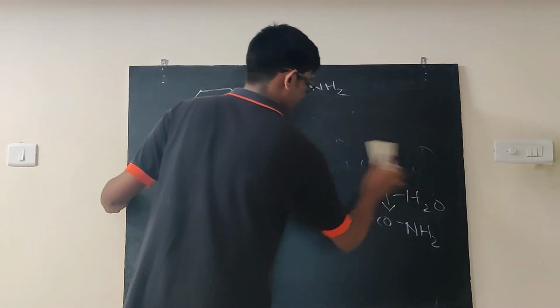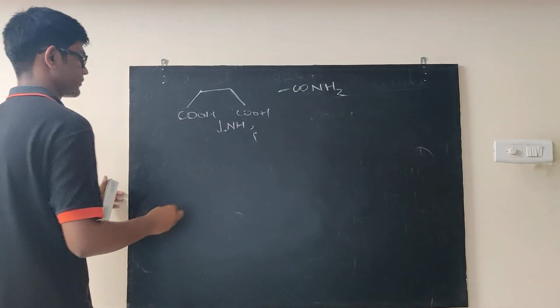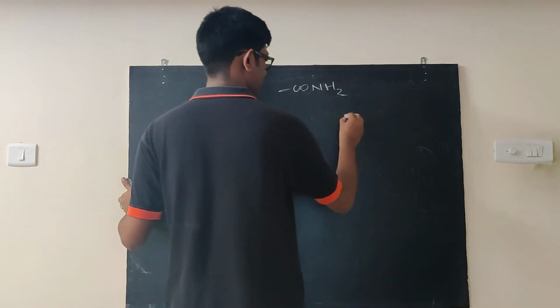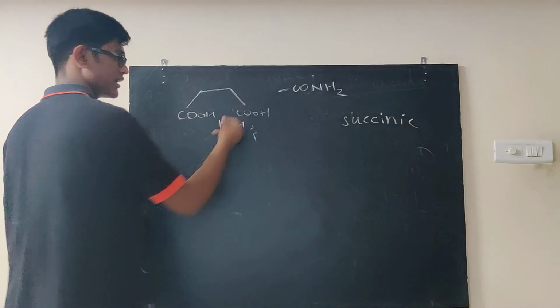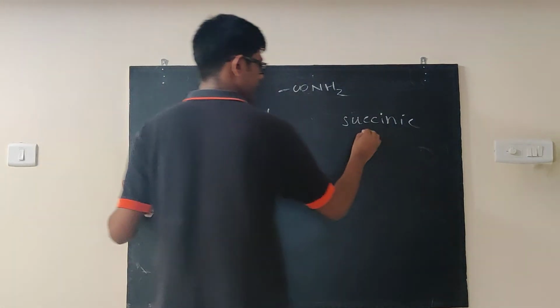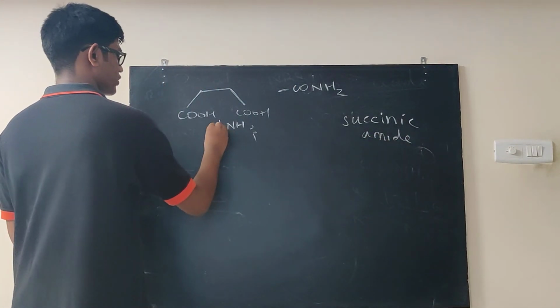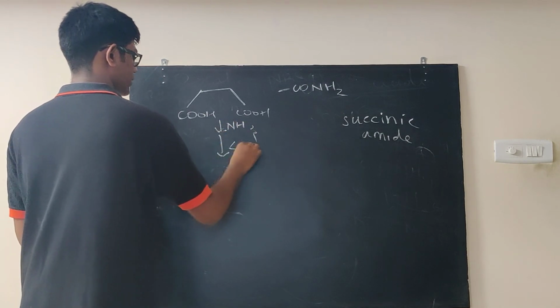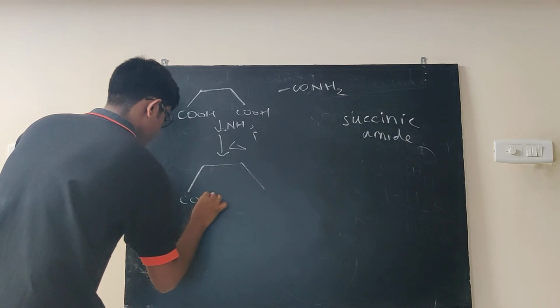So let's actually try to prepare N-bromosuccinamide. So first, you saw the succinic first, right? And you knew it was some derivative of succinic acid. Then you saw the amide part. So you said take succinic acid and amide it. How do you amide it? You react it with ammonia and heat it, right? From what I taught you. So now what will happen? You will get CONH2.